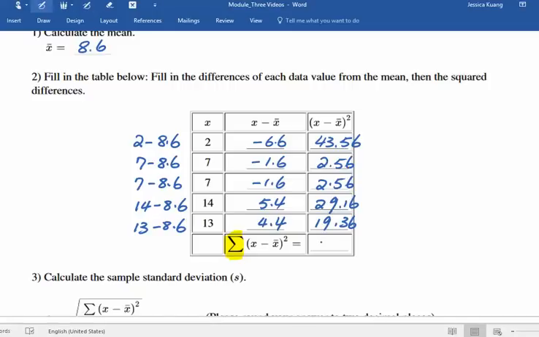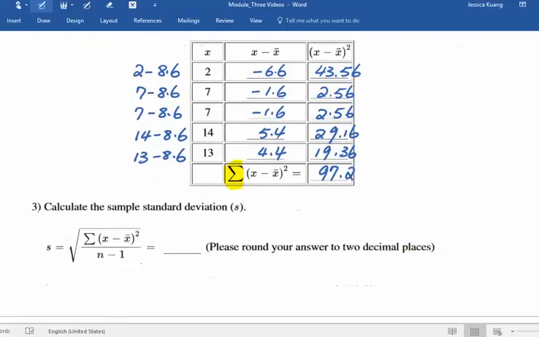When I sum them up, I have 97.2. Very last step: if I'm trying to calculate the sample standard deviation, I will have to divide the summation I just calculated by n minus 1.